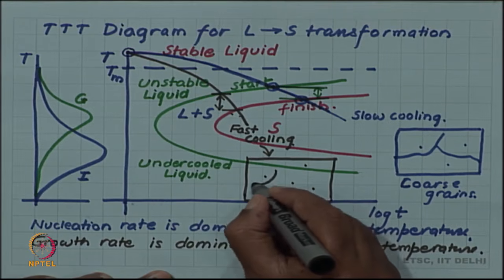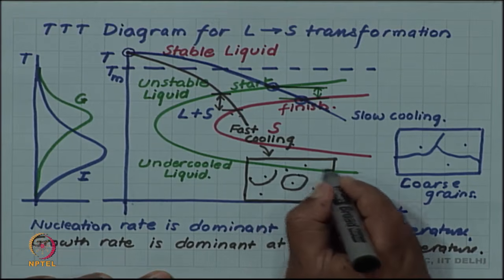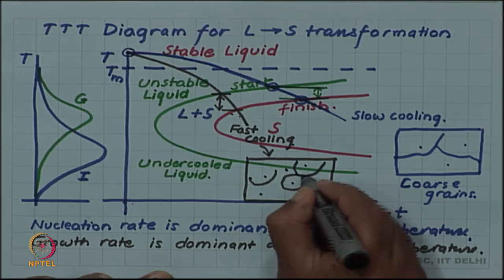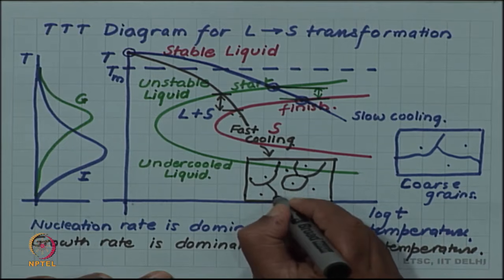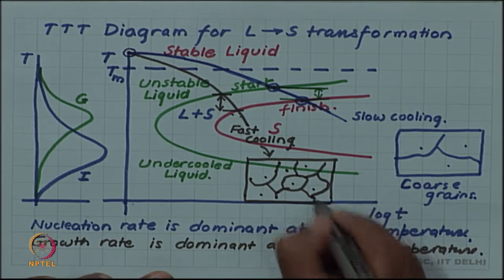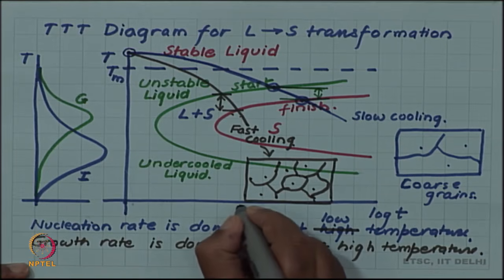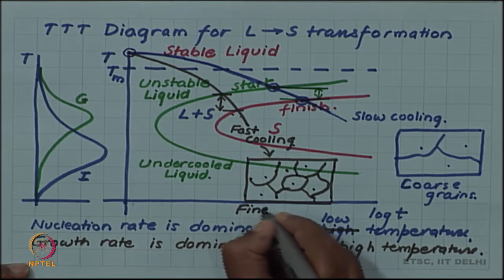So, they grow at a slower rate, and so that provides even more time for further nucleation events to happen. So, in the end you will end up with many grains, because each nucleation event leads to one grain in the final structure. So, if the nucleation rate is high, you will end up with more grains, and since the total volume of the transforming material is the same, you will have a smaller grain size. So, we have finer grains.